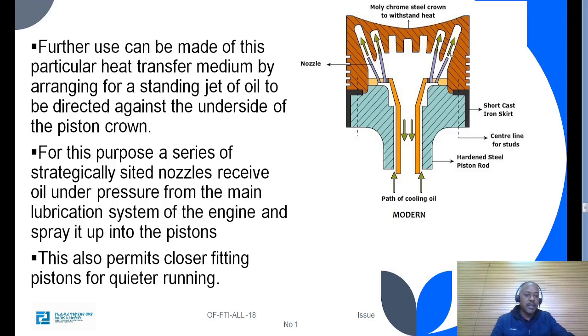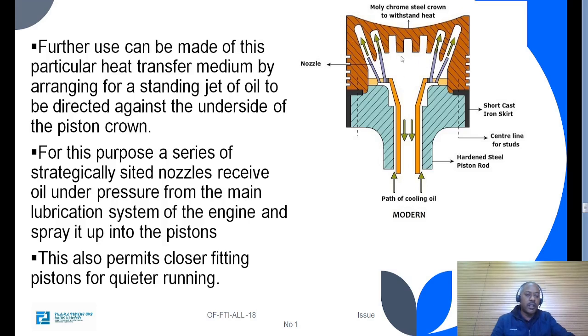It is sprayed through these nozzles. So the nozzles spray the cooling oil, and the oil removes the heat from the interior part of the piston.